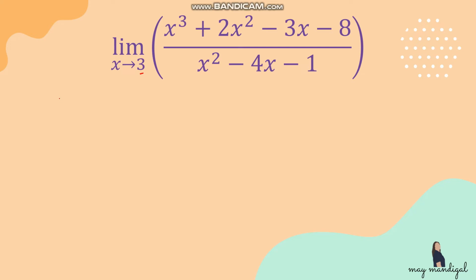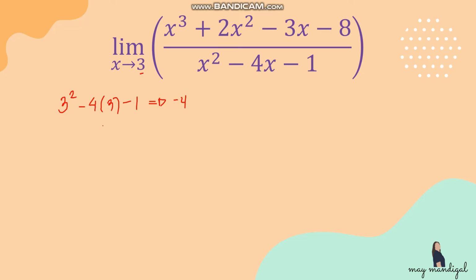So we have 3 squared minus 4 times 3 minus 1. So if we simplify this, that will be 9 minus 12 minus 1, which is just equal to negative 4. Since there is a value, that means 3 is part of the domain of this rational function.